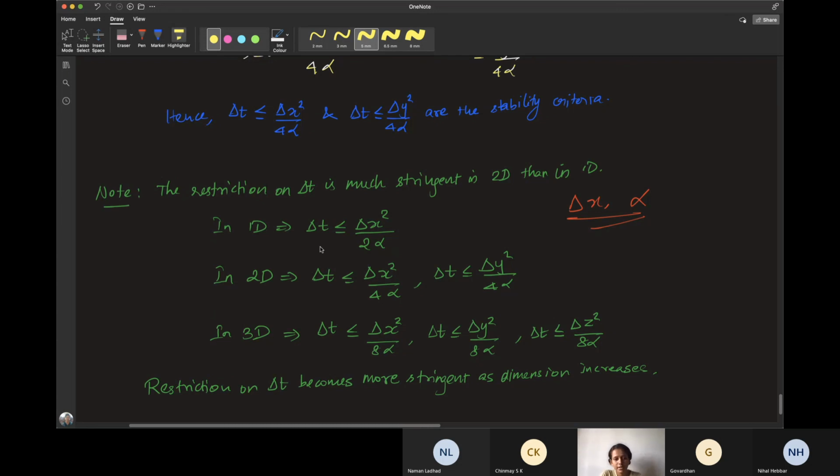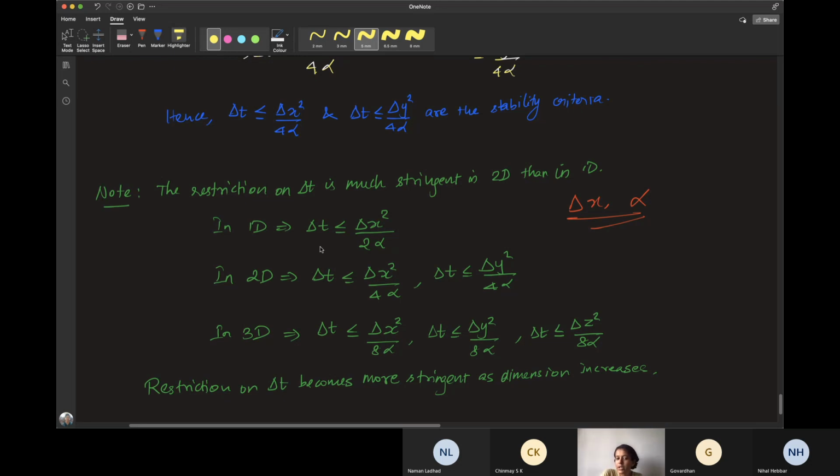So for higher dimensions, this is not a good thing, because for higher dimensions you'll already be having more grid points in the problem compared to one dimension. The number of grid points in 2 dimensions will be more than the number of grid points in 1 dimension. So obviously you're already having more points to solve, and that itself will cost more computational time.